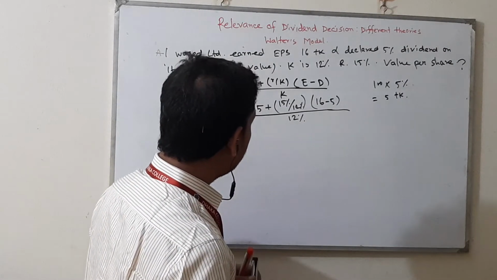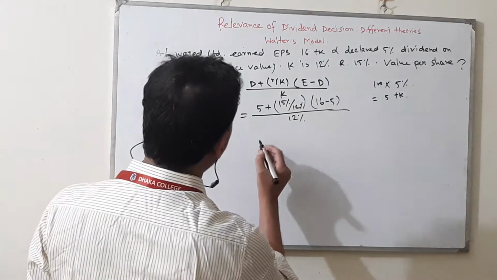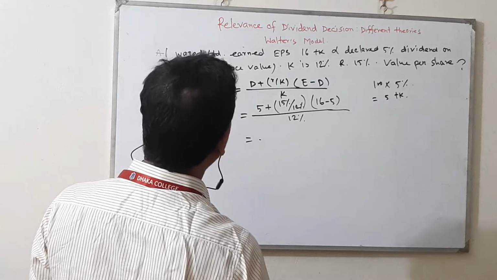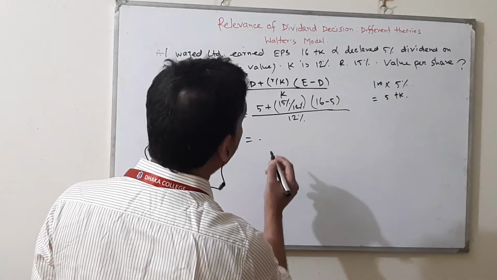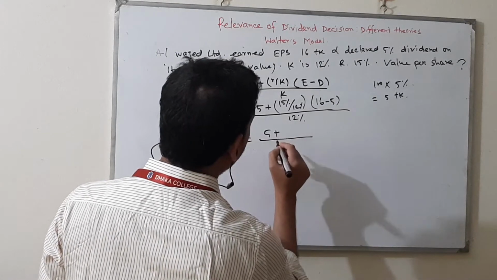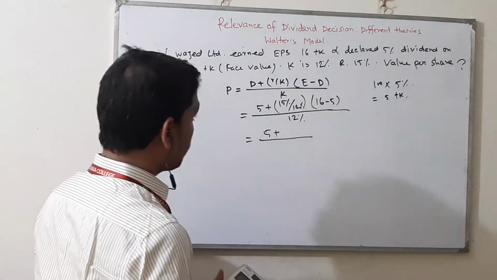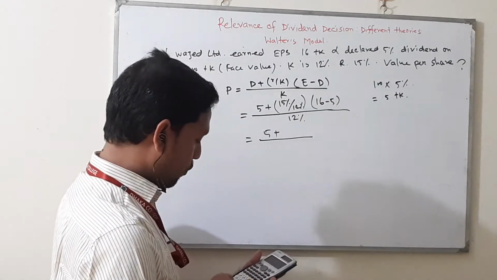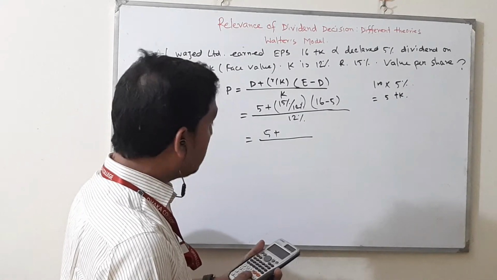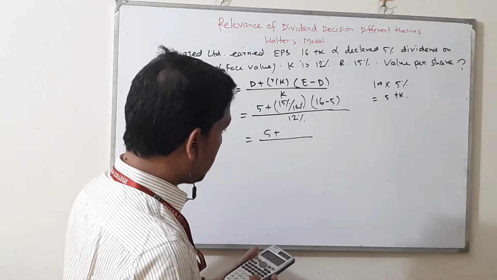Okay, dear students, so 5 taka plus 15%, I mean 0.15, divided by 0.12, into 16 minus 5, I mean 11.